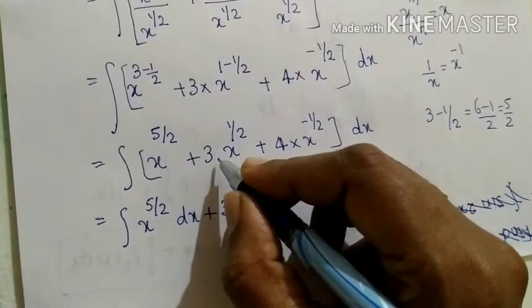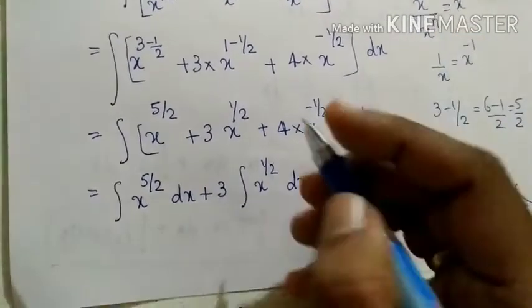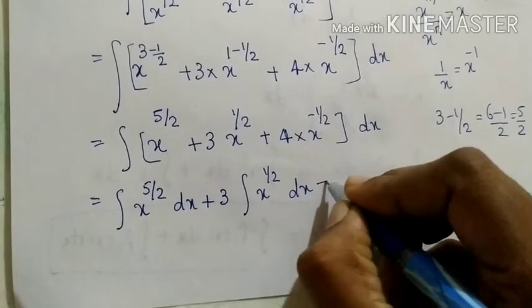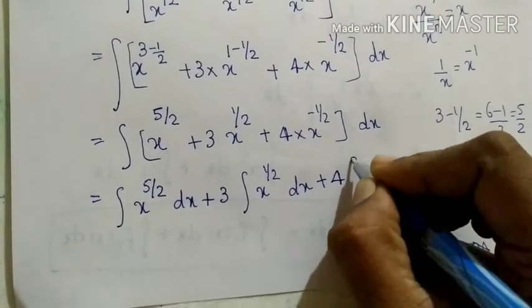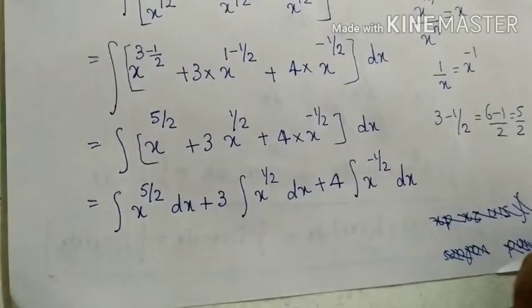Because 3 is a constant, we need to take this 3 outside the integral, plus 4 into integral x raised to minus 1 by 2 dx.